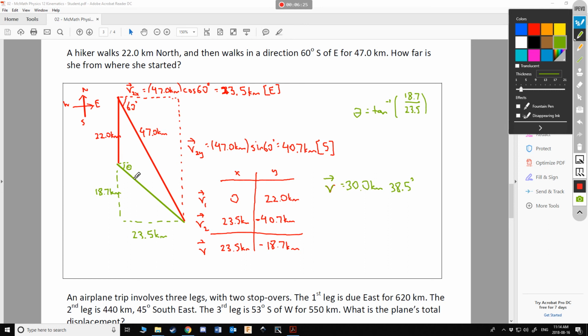And that is also going to be south of east. If I do 90 minus that angle, we get 51.5 degrees. I can write down east of south. Both are correct.